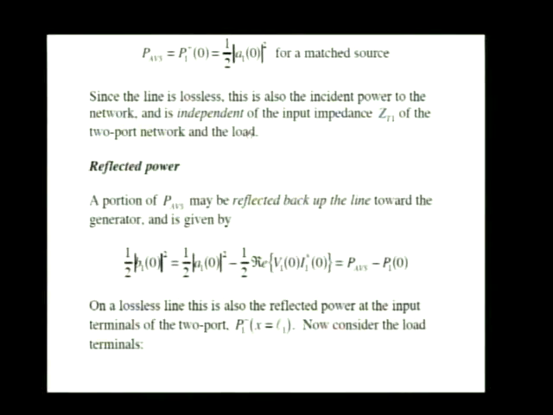We then looked at the reflected power back up the line toward the generator, reflected off of the two-port when you've got a source supplying, let's say, P_AVS.